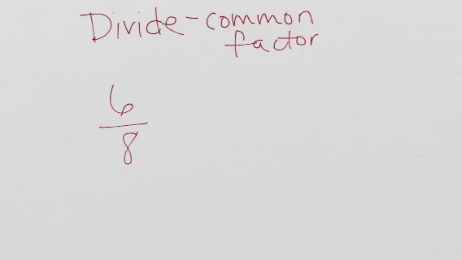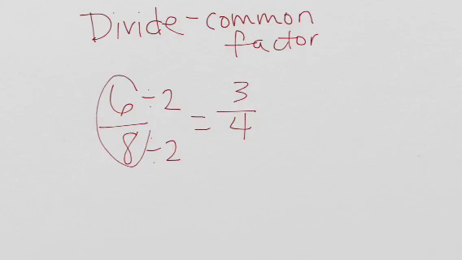I would have to know that 6 and 8 share 2 as a common factor. So I could divide both by 2, and I could see that 3/4 would be an equivalent fraction to 6/8.